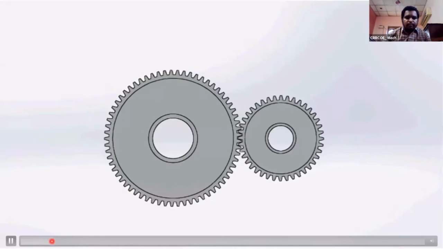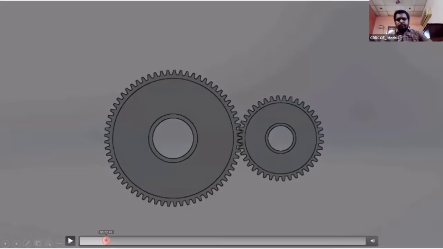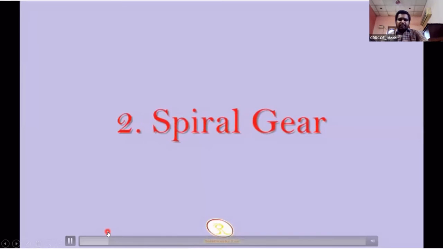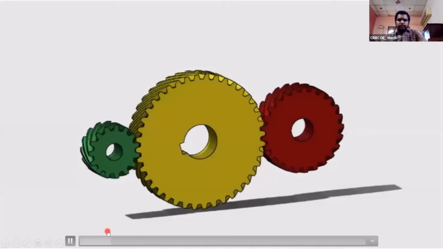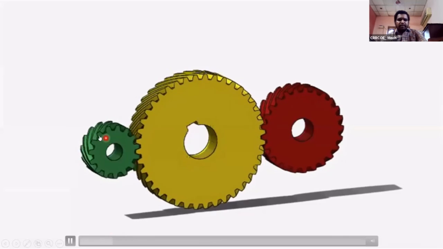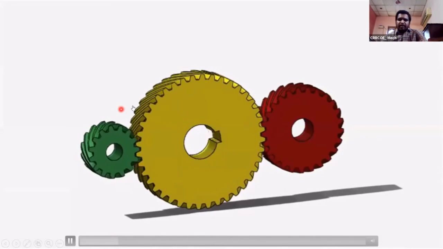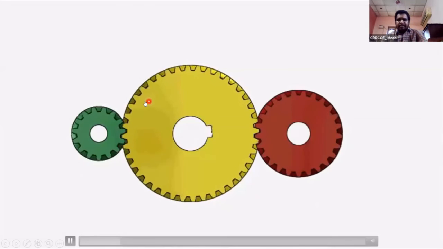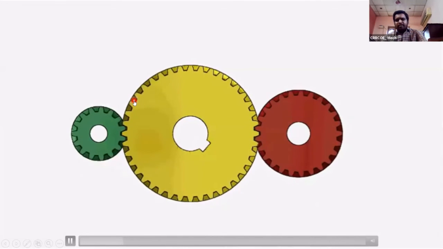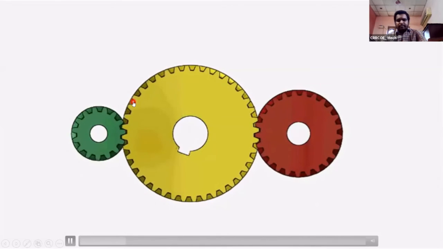Next one is spiral gears. It means we have a certain angle for the teeth. The teeth are not straight, they have a certain angle, then it is called spiral gears.